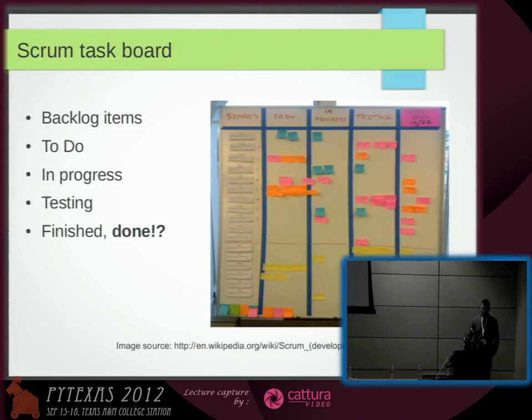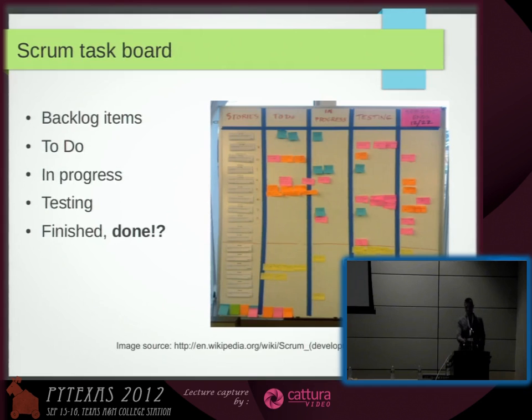Another way to visualize progress is to use these task boards, and there are various other ways. But you can keep your items from the backlog on the left, and then you can keep the tasks using post-it notes in the to-do column, and then show the ones that are being done.